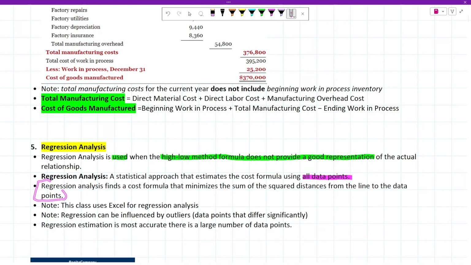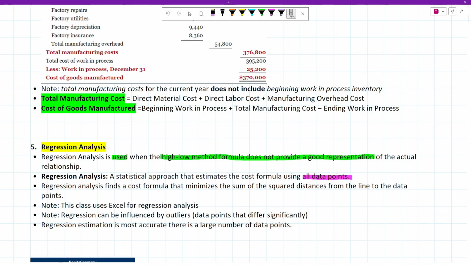Since we're using Excel, you can see my note, this class uses Excel. You guys won't need to know the sum of square distances. That's from 215 or another course that you did, but we'll be using Excel and I'll show you guys how that works. Note, regression can be influenced by outliers, so data points that differ significantly. This is just a note for you guys to know that if we have an outlier, this can affect the regression analysis, and if you ever get that in a true or false or a multiple choice question.